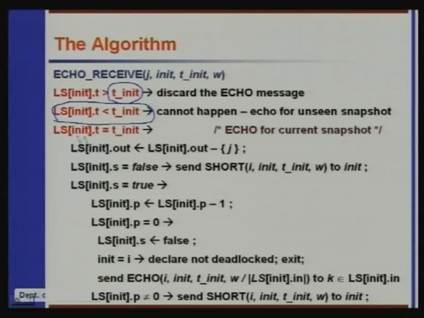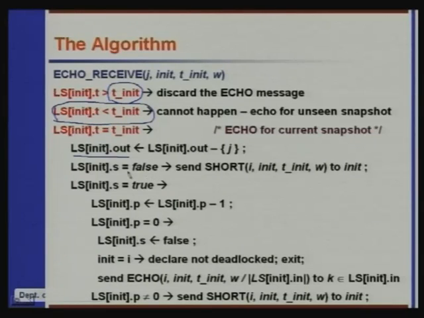If you find that they are both equal, then this is an echo for the current snapshot. So, what do you do? You take this out from your set of this one. Note that out I is not changed, it is only ls init dot out which is being changed. Okay. So, the data structure of the deadlock detection algorithm is changed. So, we remove that from there, then we see if it is still blocked or not.